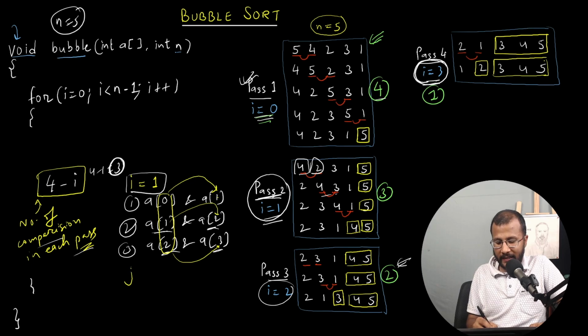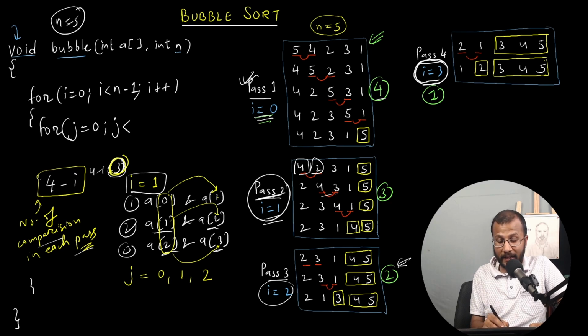So let that index be denoted by j. So j should be 0, 1 and 2. I'm actually counting 3 times, but I'm counting starting from 0 because my array index starts from 0. So I have to run a loop here, a j loop. j should be equal to 0, and j should be less than 3.